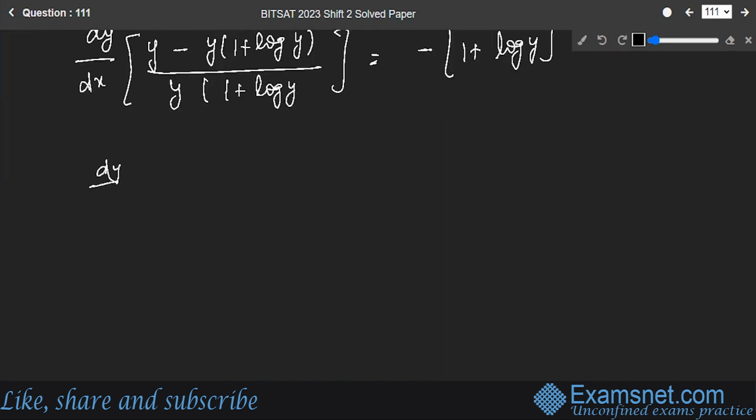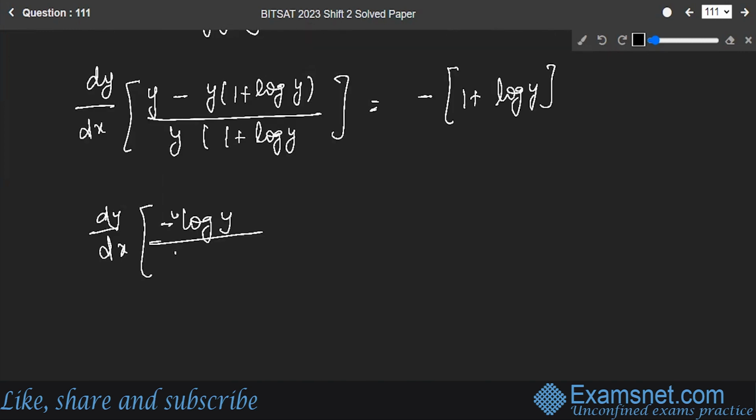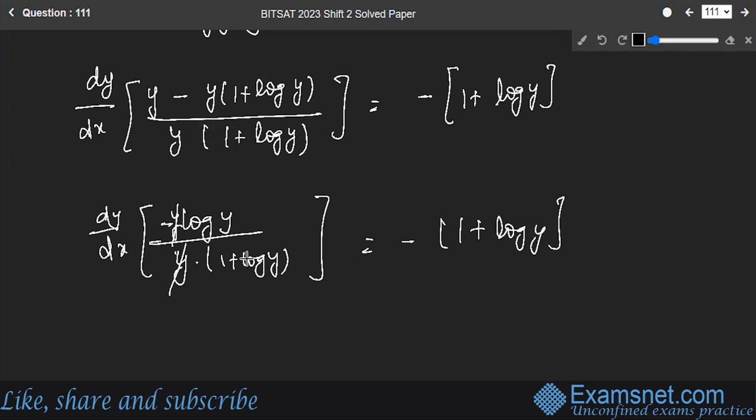You will have dy by dx is equal to, here will be minus log y, and denominator will have y into log y, right? And denominator will have y into this, right? So the y and y will also cancel. This is equal to minus 1 plus log of y.